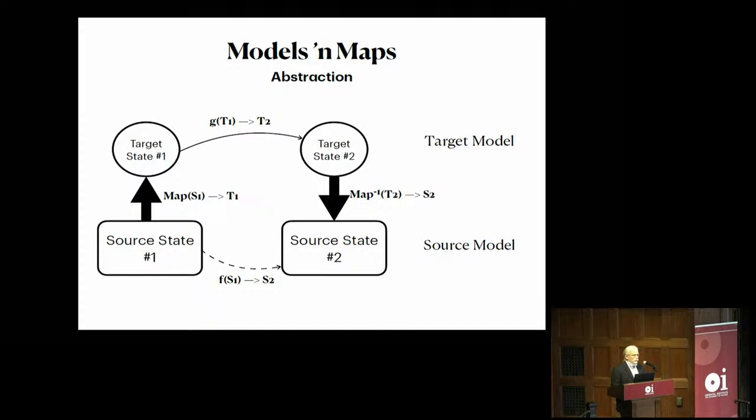Then underground in the subway system, I work in terms of the target state. I can sort of keep track of where I might be relative to the surface, but mostly I'm manipulating the target state. When I get to the other side and pop out of the subway system, I invert the map function and I come out to source state 1. What I've effectively done is a function that transforms between 2 source states.